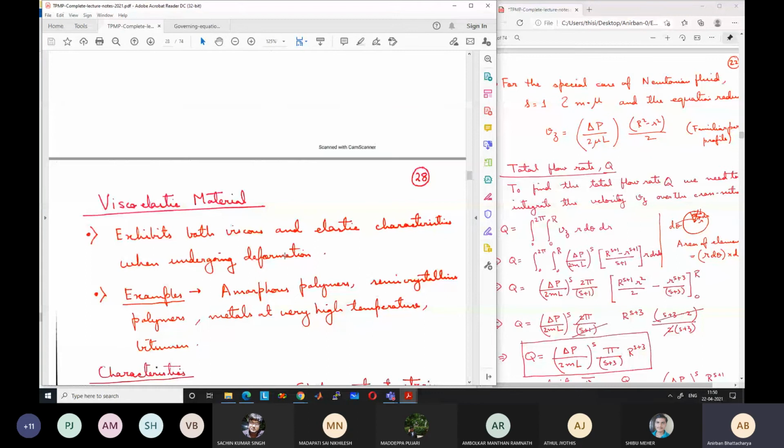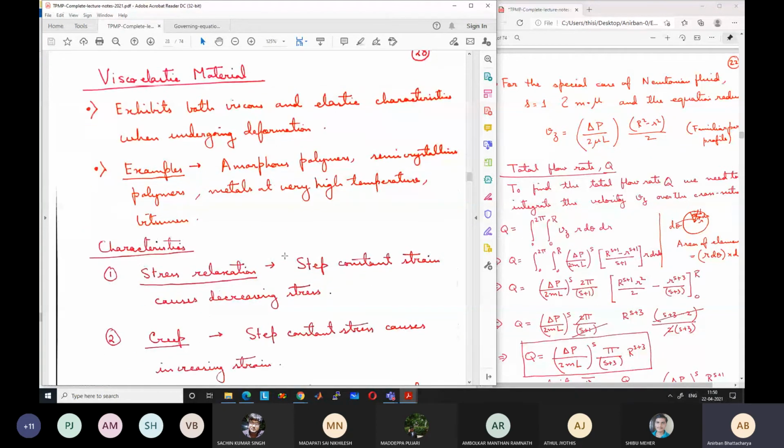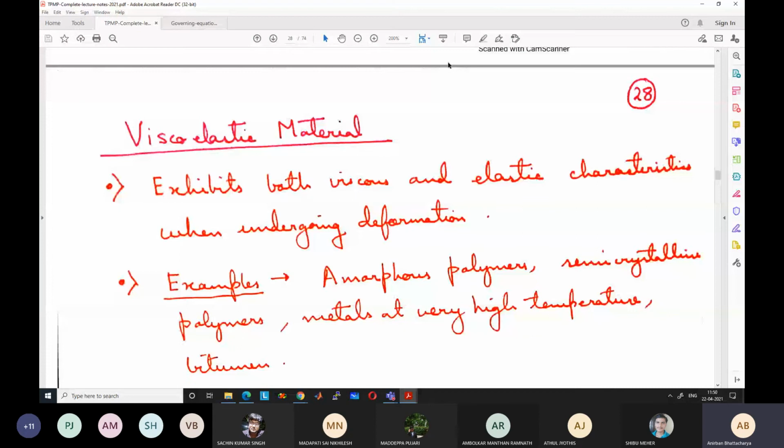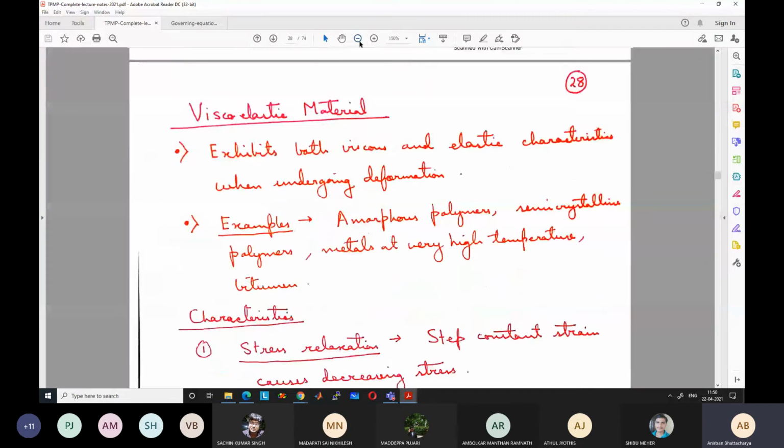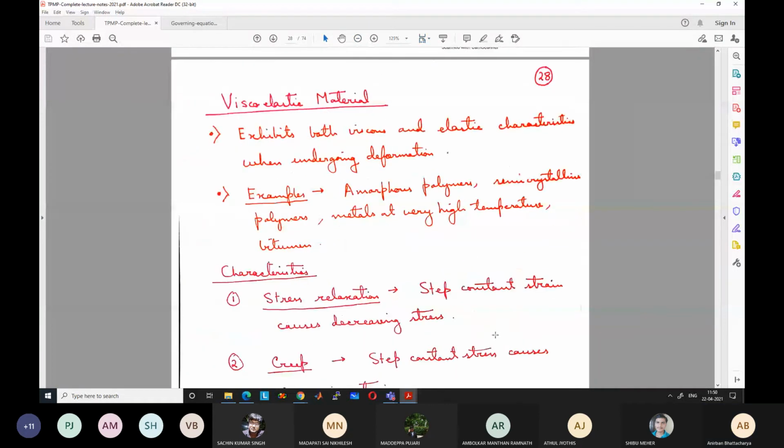Some time is still left, so I will just start with an introduction of viscoelastic material, and then we will continue the discussion in tomorrow's class. What is a viscoelastic material? It exhibits both viscous and elastic characteristics. Viscous characteristics are typical of a fluid: if you put a stress, it is resisted by a deformation rate or a strain rate.